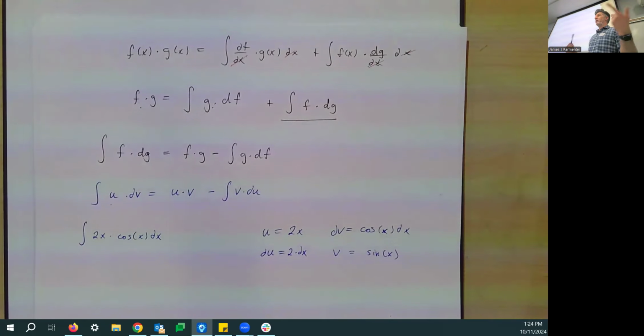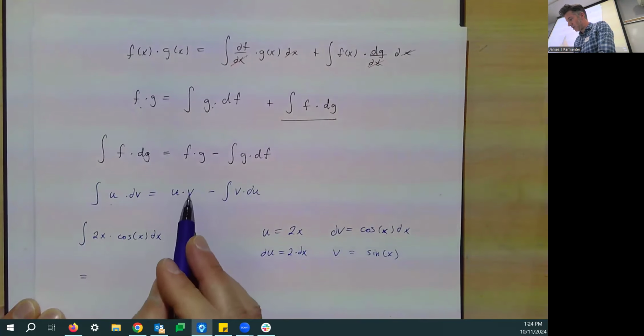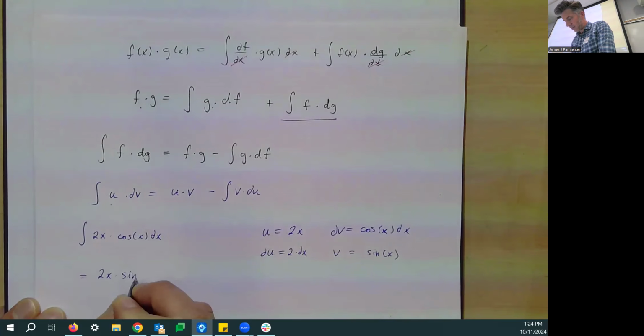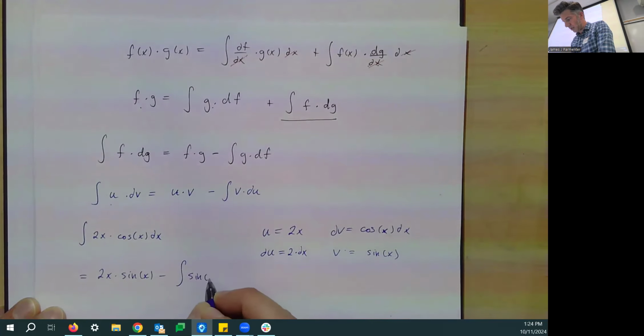Notice that when you actually write it out, you don't ever write u's and v's. You just write whatever you've chosen for u and v in the place of u and v. So we're going to say that this is equal to our u times our v, so our 2x times our sine of x, minus the antiderivative of our v times our du, which is our sine of x times our 2 dx.